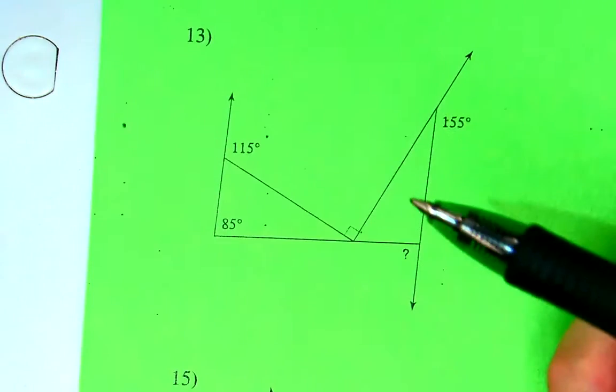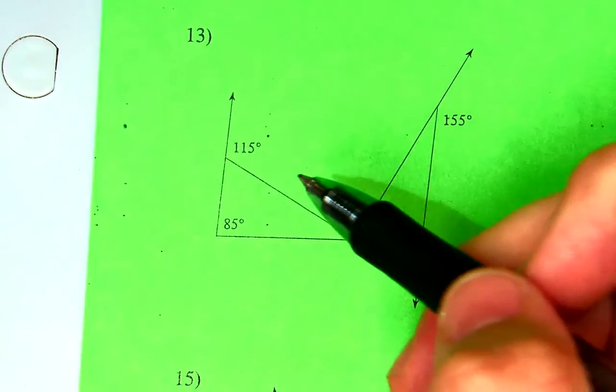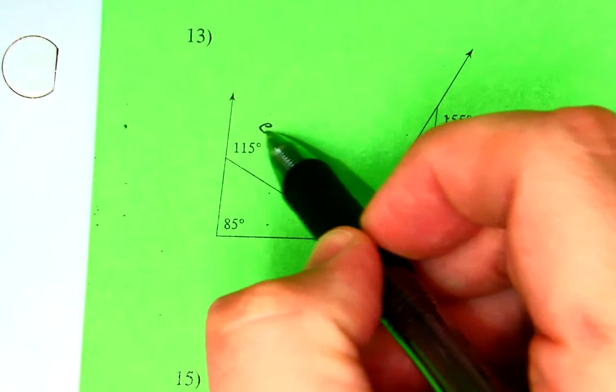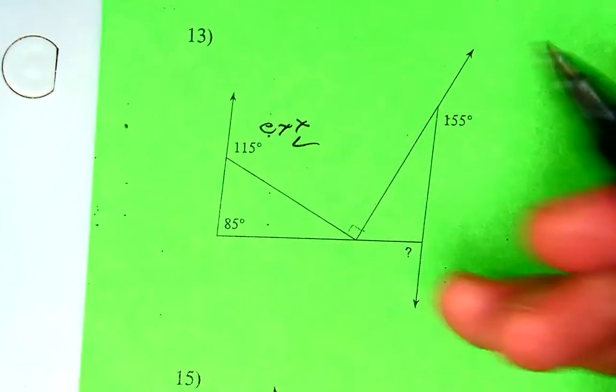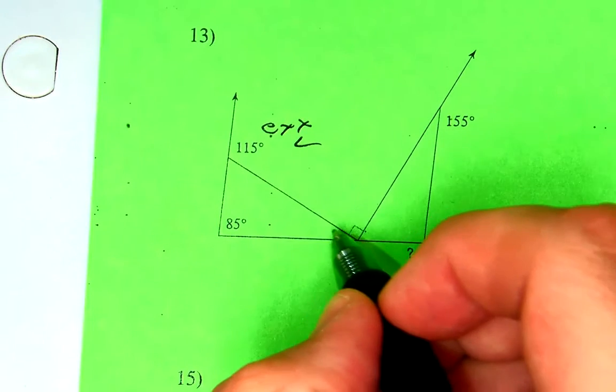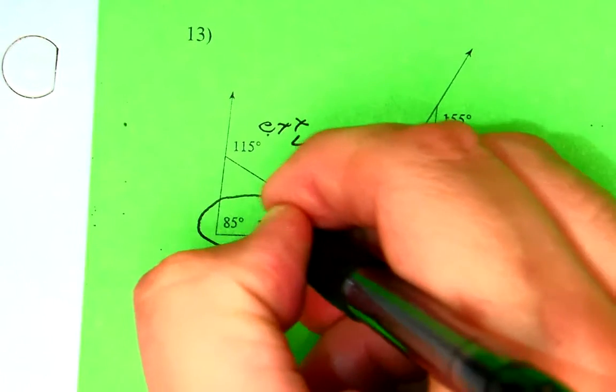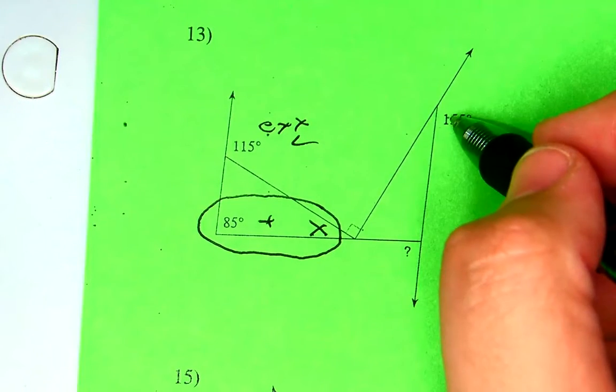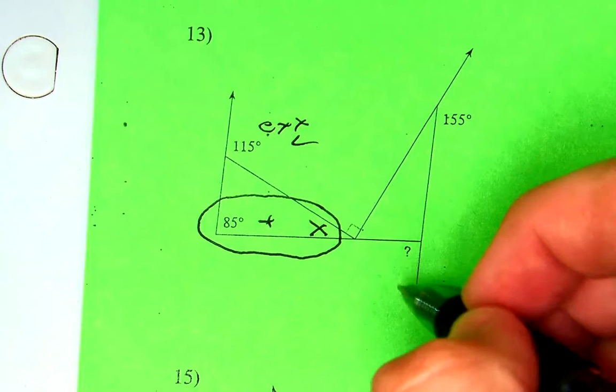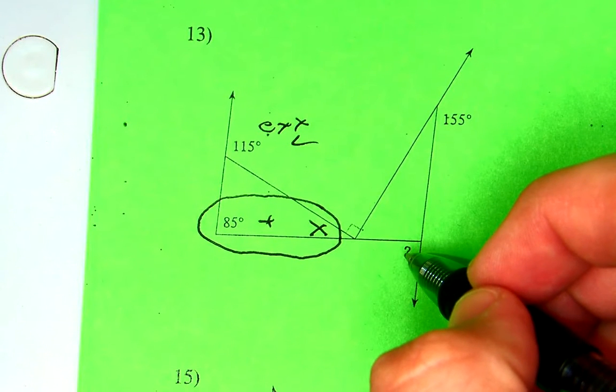Now, for this, I see an exterior angle. And I know the exterior angle is going to be equal to these two angles added together. Here I see an exterior angle, or here I see an exterior angle.